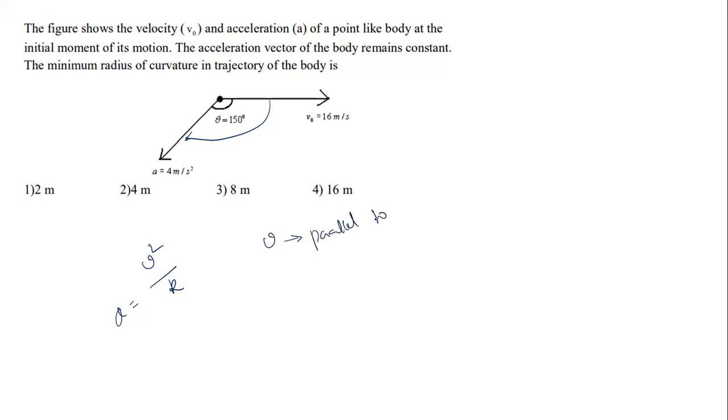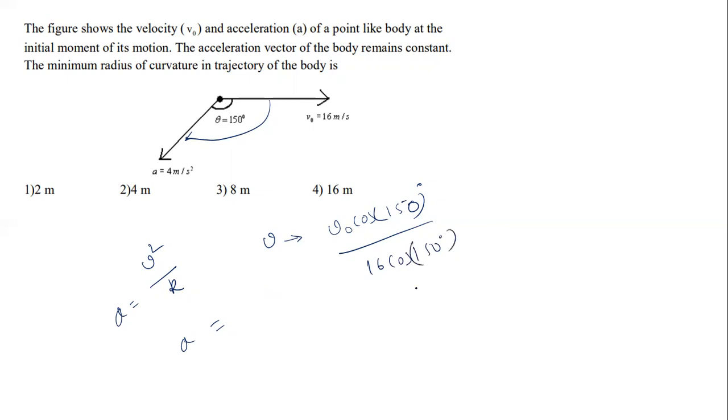parallel to A, so we will take the v component along A, so that will be v naught cos 150. So here you will get A is equal to 16 cos 150.